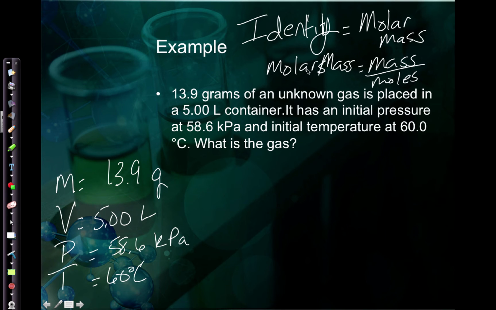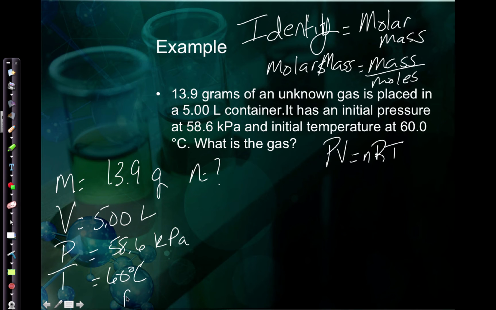So that's the information given to us. If I want molar mass, which ultimately gives me the identity, I need moles, so I need to know what n is. I have P, V, and T, so I can use the ideal gas law to figure that out. Let's check our units.